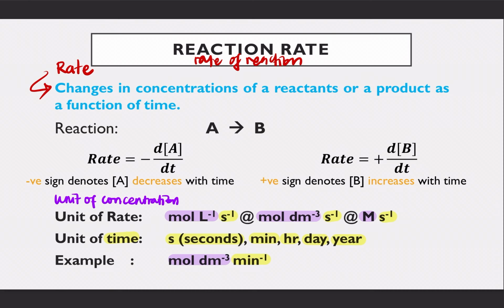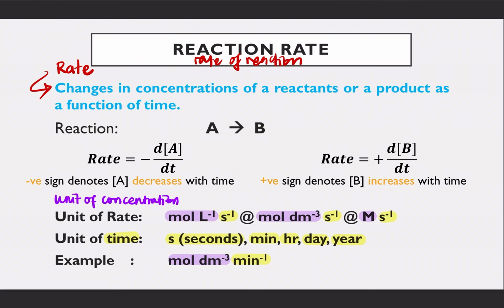Alright. So what is the unit for rate? You already know the unit for concentration. It will be mole per liter or mole per dm cube, or can be written as molar. So the unit of rate will be concentration over time.